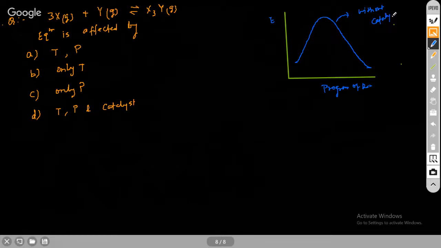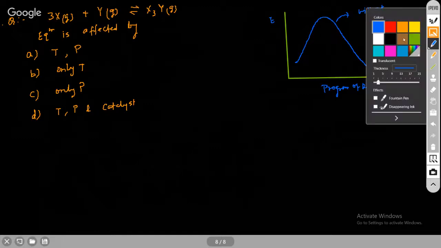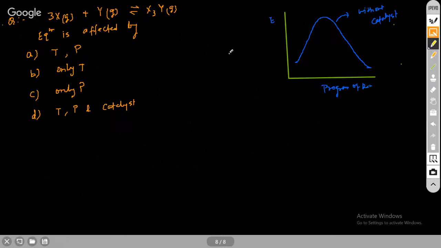Now if I use one catalyst in this, and suppose it is a positive catalyst, then that positive catalyst will decrease the activation energy, and the reaction proceeds like this. So this is the decrease in activation energy. Initially the activation energy is somewhere here.